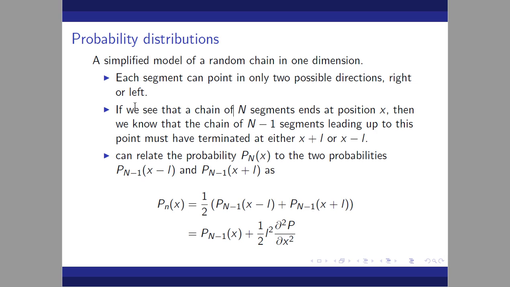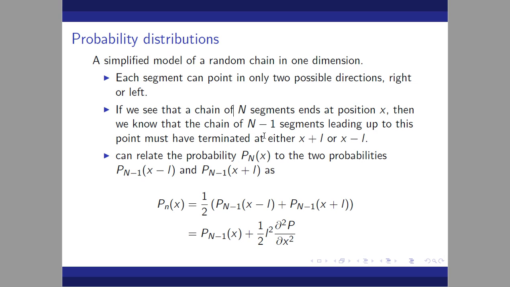So if we see that a chain of n segments ends at a position x, then we know that the n minus 1 segments leading up to this point must have terminated at either x plus l, more than the current position, or x minus l, less than the current position.